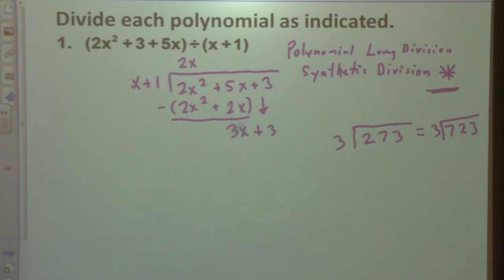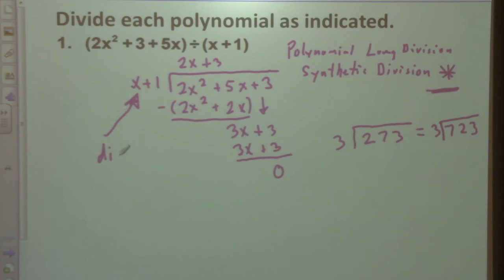So what is 3x divided by x? That's going to be 3. And 3 times x is 3x. And 3 times 1 is 3. So what do we have left over here? We have nothing, 0.